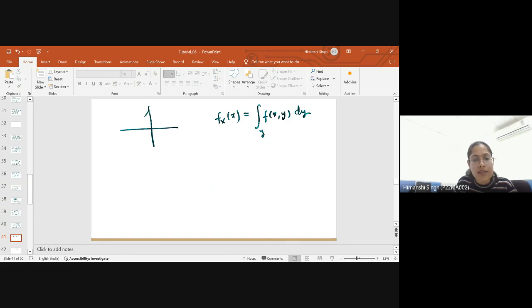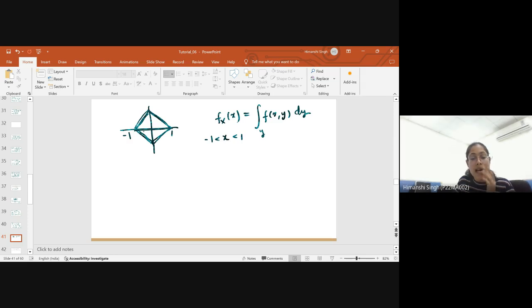Now if I consider this, the x value is from minus 1 to 1. So basically x lies from minus 1 to 1. I want to find the integration over this region when x is varying from minus 1 to 1.